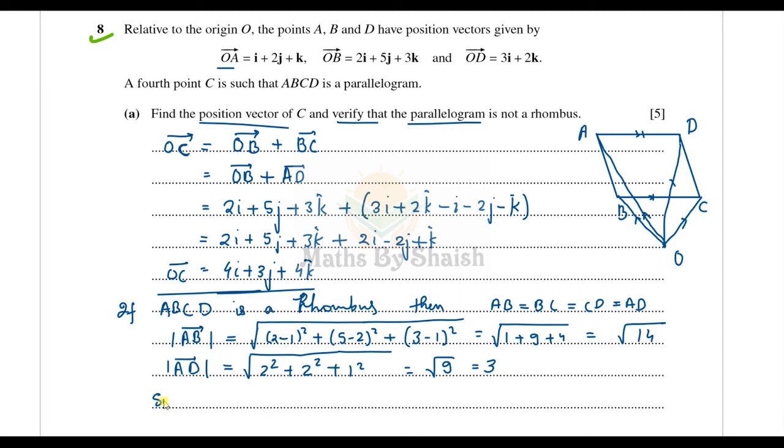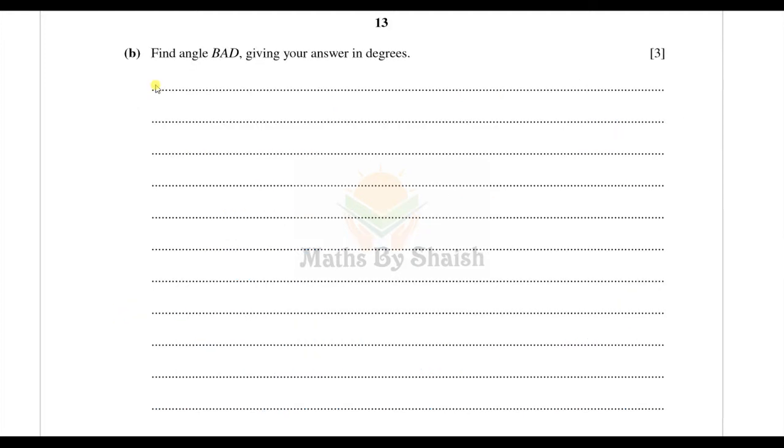And since the magnitude of AB is not equal to the magnitude of AD vector, hence ABCD is not a rhombus. I hope it is clear to you. Thank you. Let's do the next part.